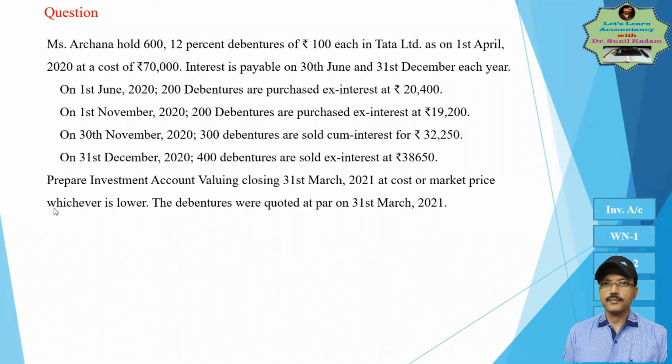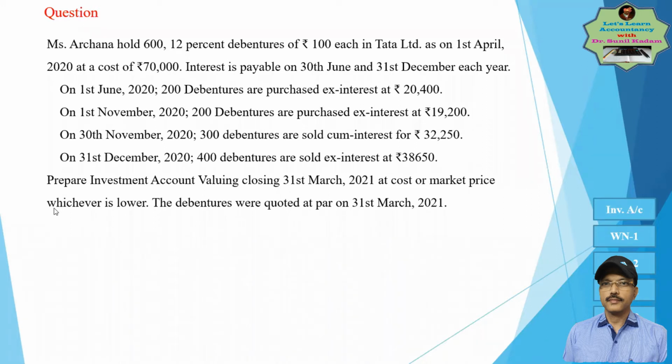Not actual market price; the actual word in AS 13 is fair value. The fair value of an asset is what can be realized on that particular date by selling it. So on that date, whatever you could realize could be the market price. That's why indirectly you can take it as the market price of that investment on that date.